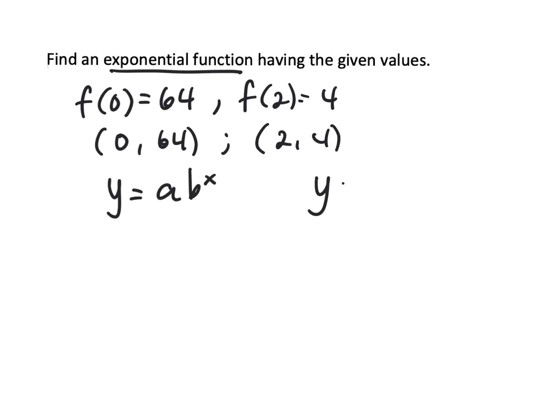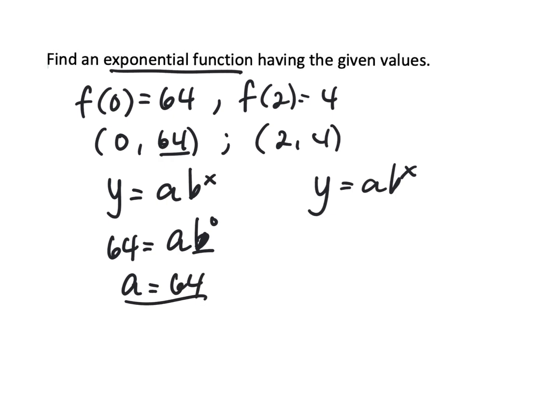The other one again, y is equal to ab^x. My y here is 64 is equal to a b raised to 0. Anything that is raised to 0 will be 1. Therefore, my a is equal to just 64. Now, I'm going to take this 64 and substitute it in the next equation using this second point, 2, 4.